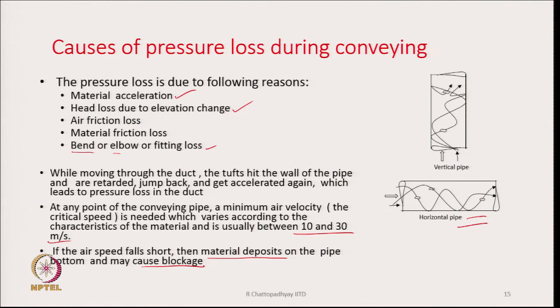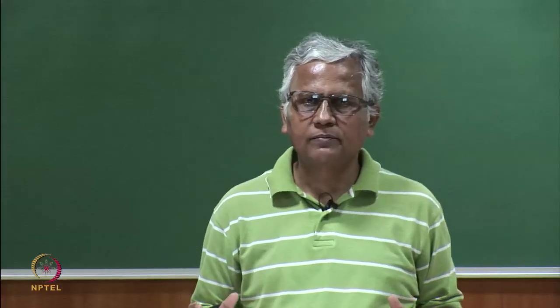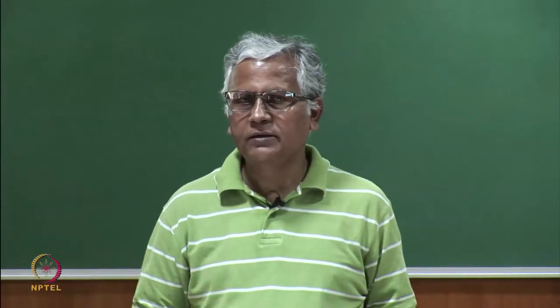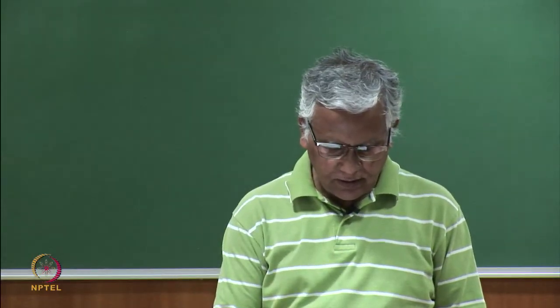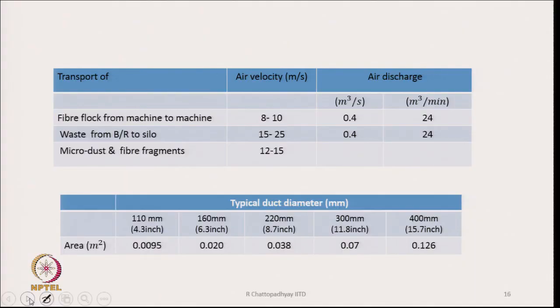So, to avoid this blockage, we have to make sure that when these tufts are carried forward, the velocity of the tuft throughout the duct remains much more than the critical speed. Otherwise, there is a chance of blockage with time.